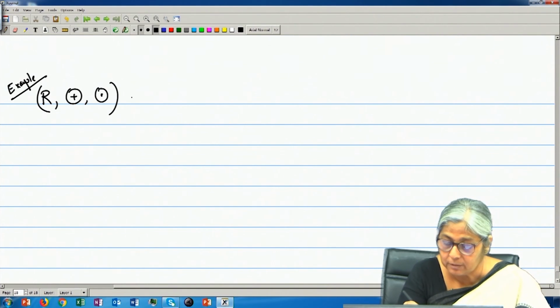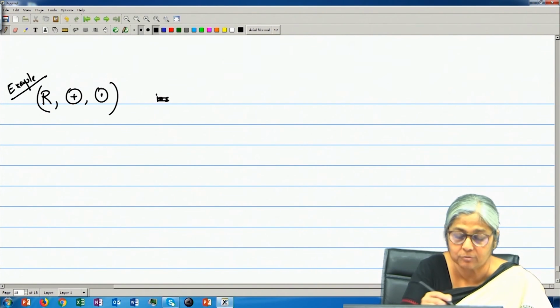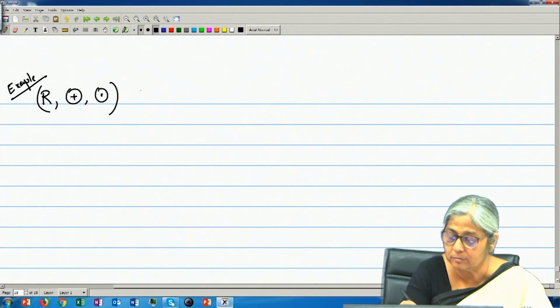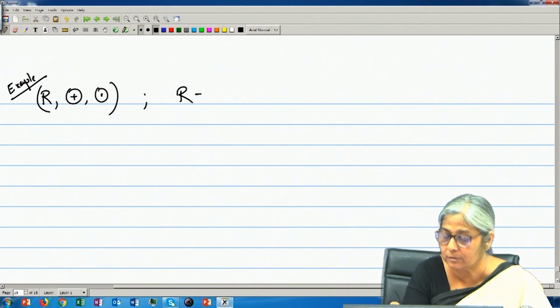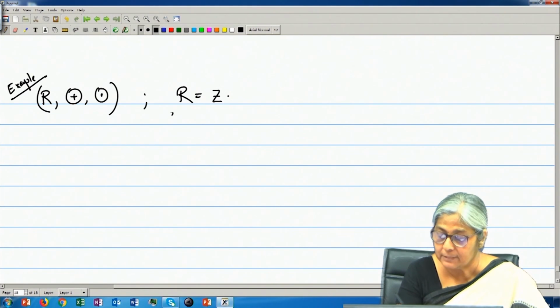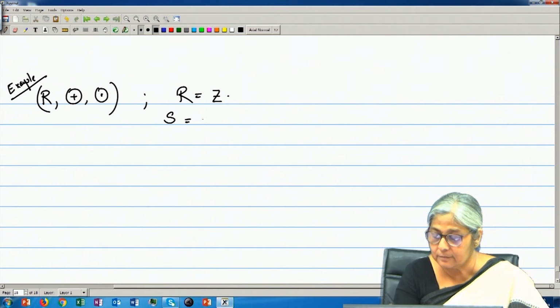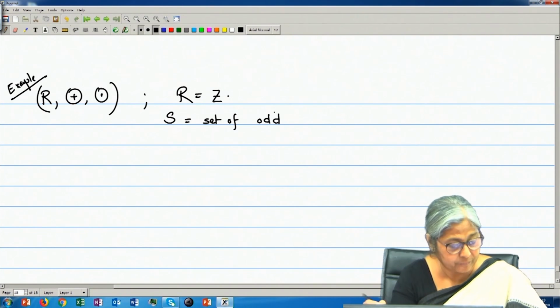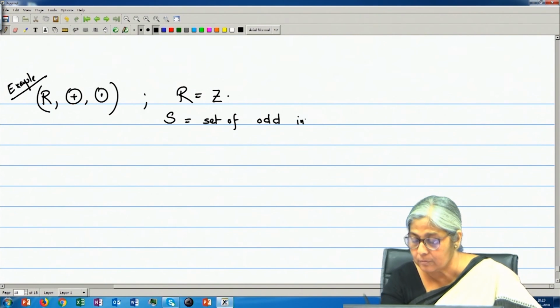Say now R is actually my Z, we consider R equal to Z, and the subset S is the set of odd integers.